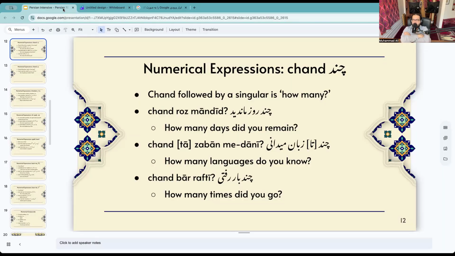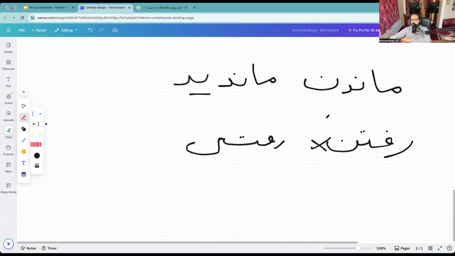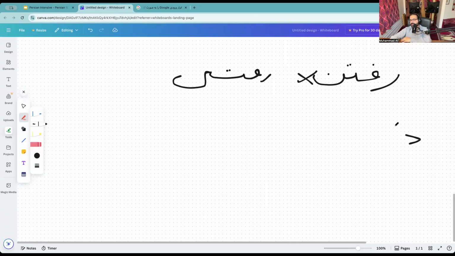So chand bar rafti. Is danistan the infinitive of midani? Yes, the verb danistan. Danistan. This is supposed to be, oh man, that looks terrible. Danistan. This verb danistan means to know. And the past tense stem is danis.